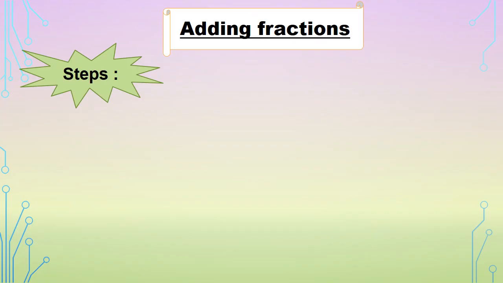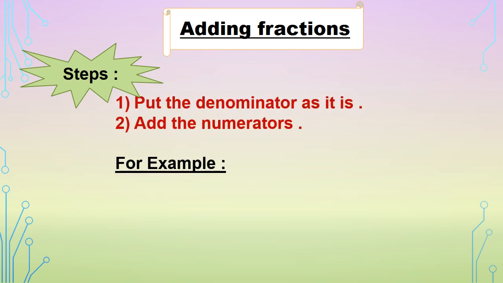Let's start with a new part of fractions. It's called adding fractions. What about adding fractions? Our steps: number 1, put the denominator as it is. Number 2, add the numerators together.